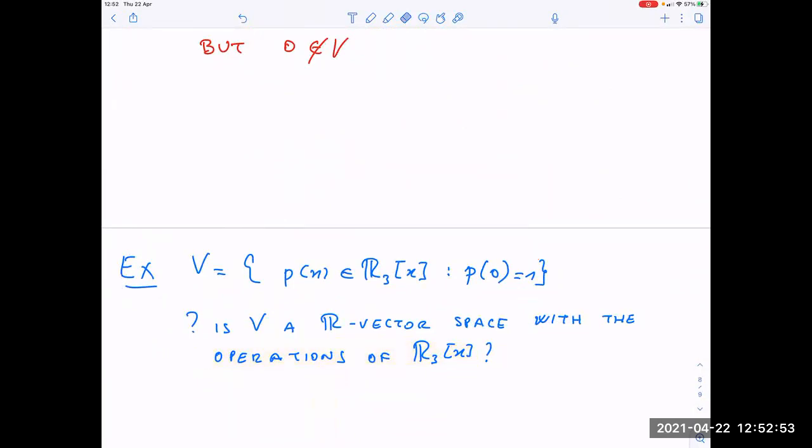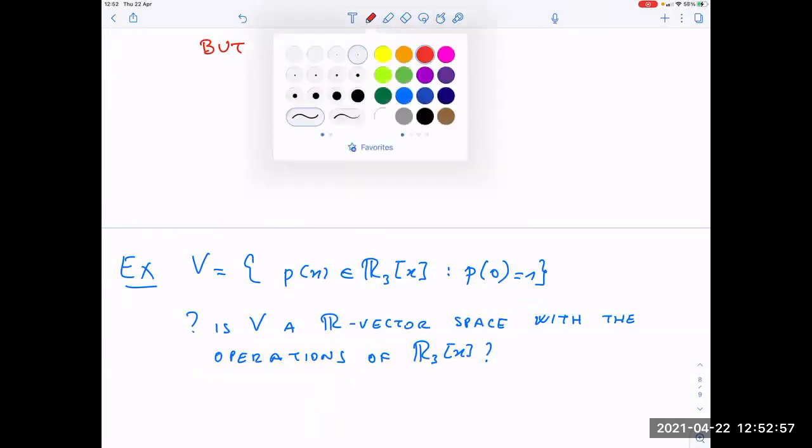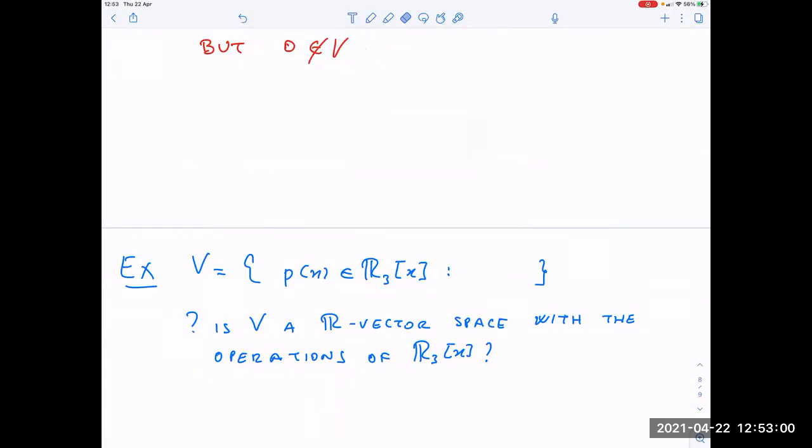And now we change the condition, and we want P prime of x to be equal to x. So let's see if this is a vector space or not.